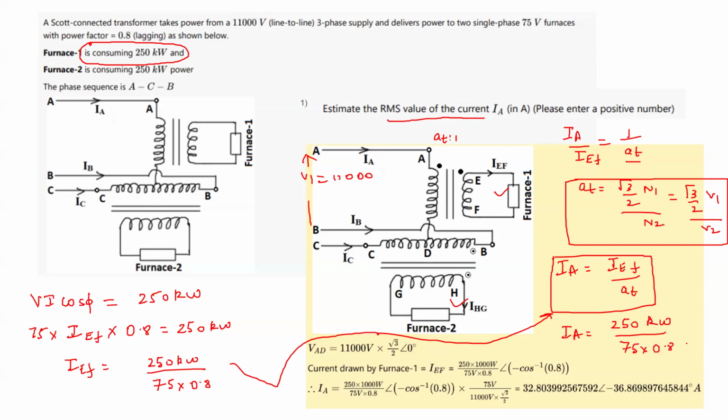Now what is AT? AT is root 3 by 2 N1 by N2, or we can write it as V1 by V2, 11,000 by 75. So let me write it properly.